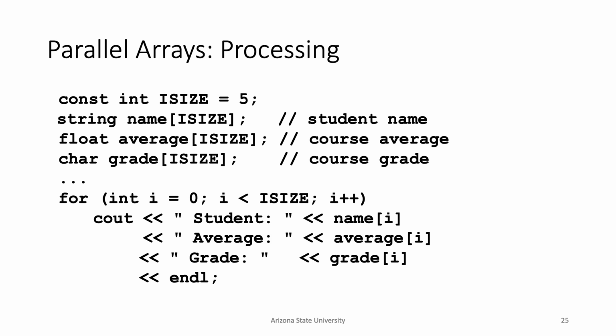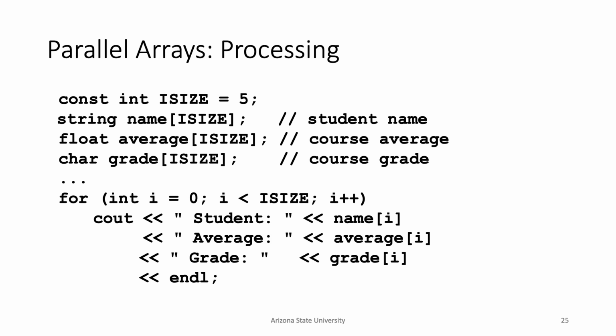Whereas if I package all the data inside of a student object together, then if I sort this student array instead, all of the data is transferred together. So the average of one student, if it moves from this place to this place in the array, the average will transfer as well. Whereas if I did it here, it wouldn't work.